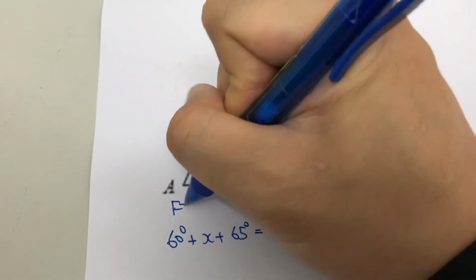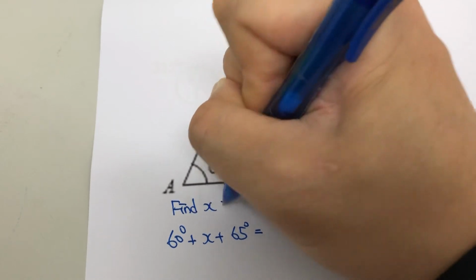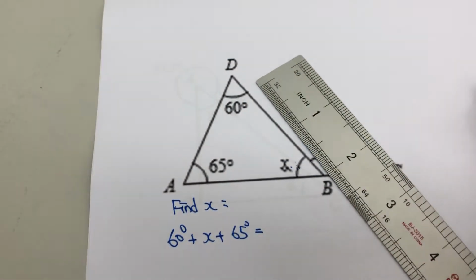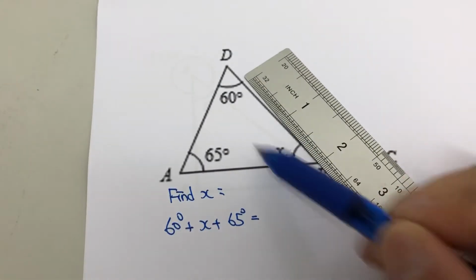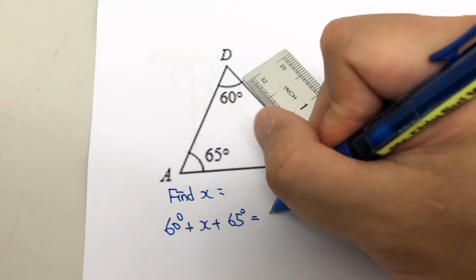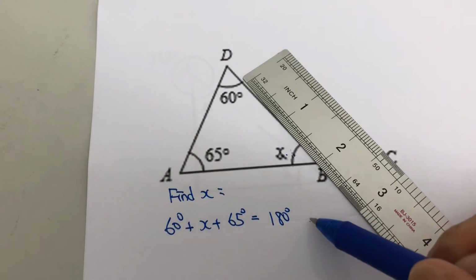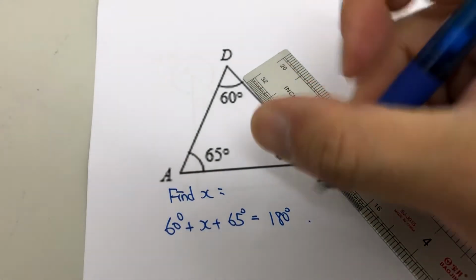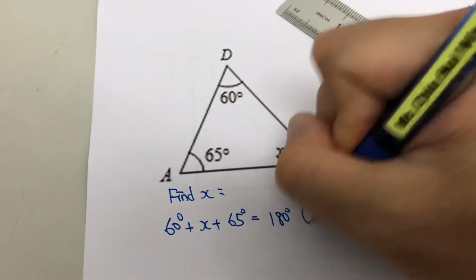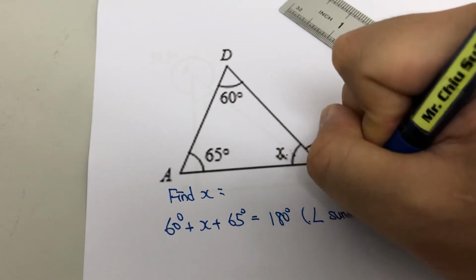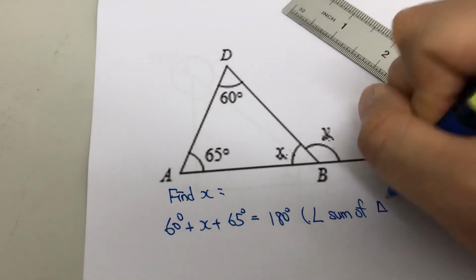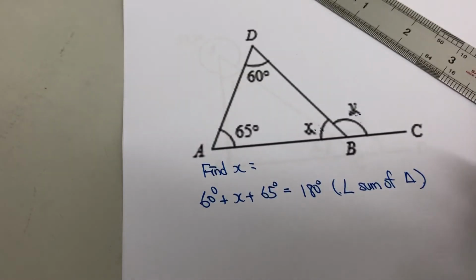Now we are trying to find x, so I better write down find x first. And then I add the three angles up and they become 180 degree. Did I forget something? Yes, I have to write down the reason. The reason is angle sum of triangle. Okay?